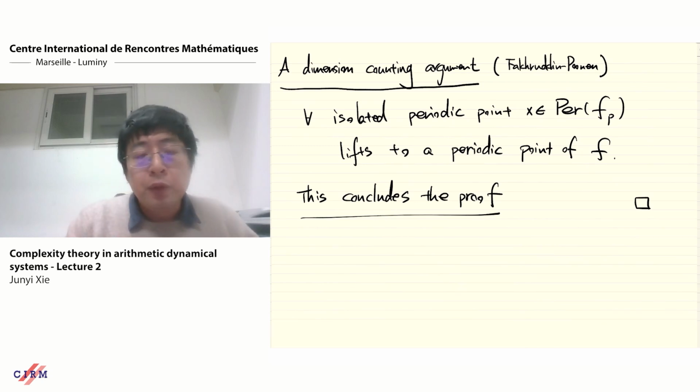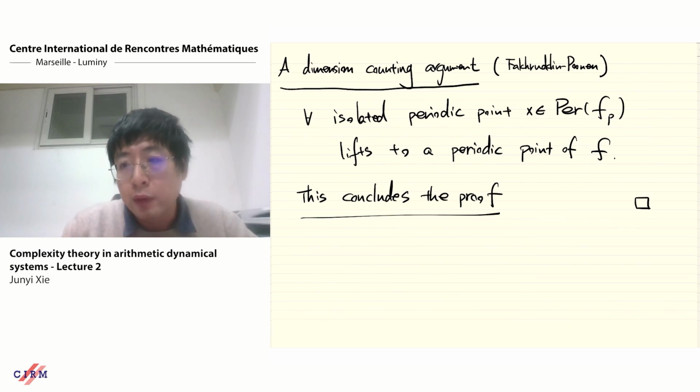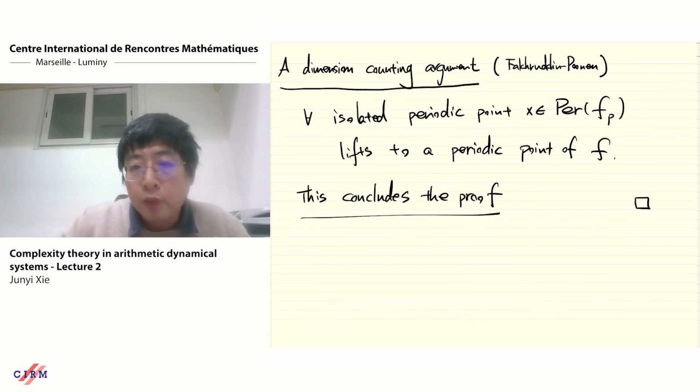In the end, we use a dimension counting argument introduced by Fakhruddin and Poonen. They show that every isolated periodic point in the special fiber can be lifted to a periodic point in the generic fiber, and this concludes the proof.